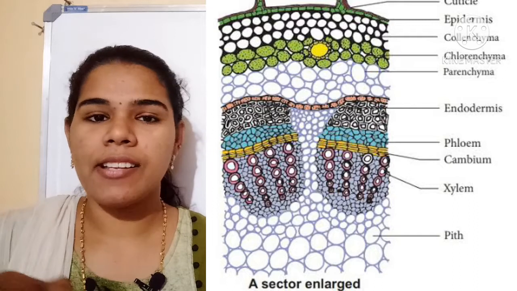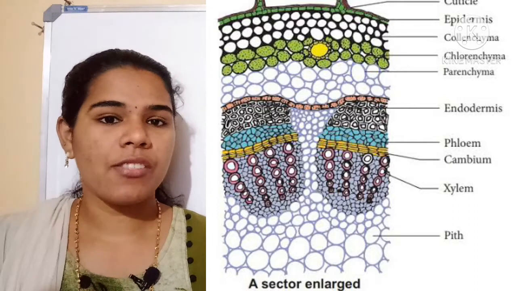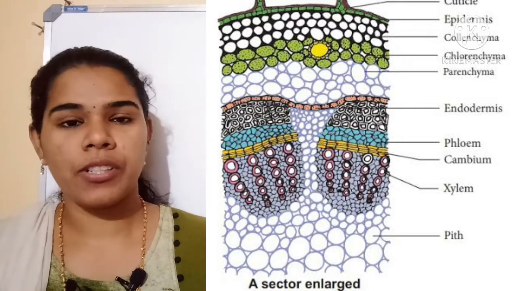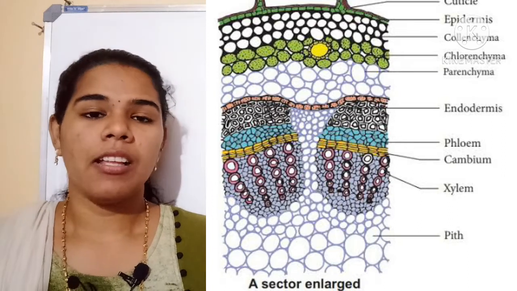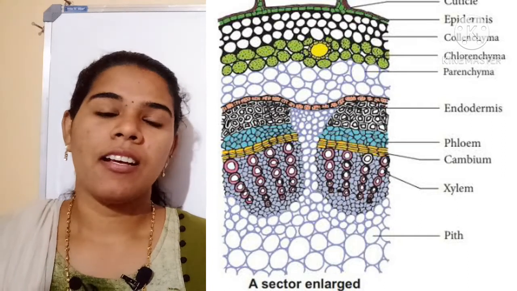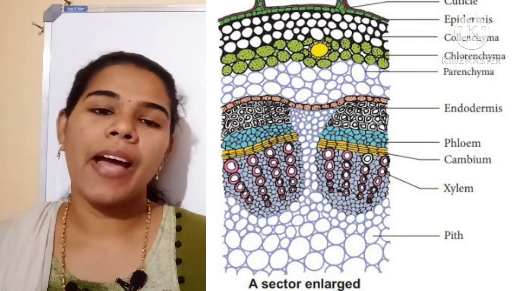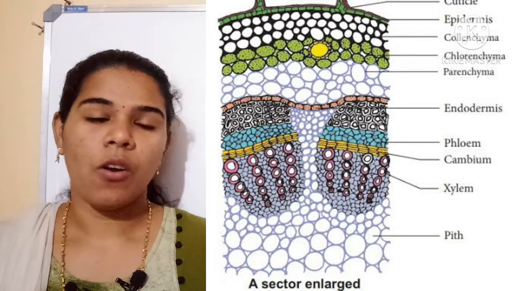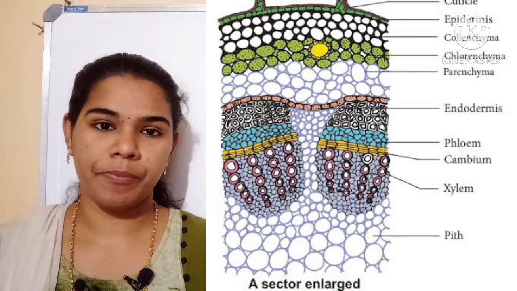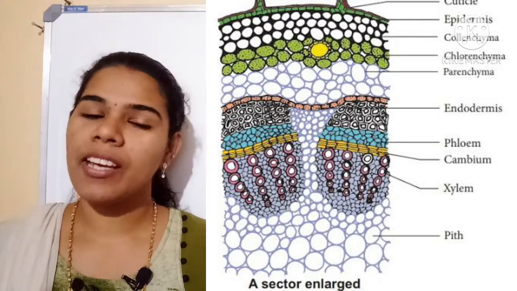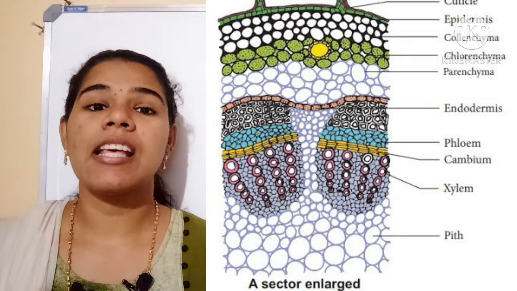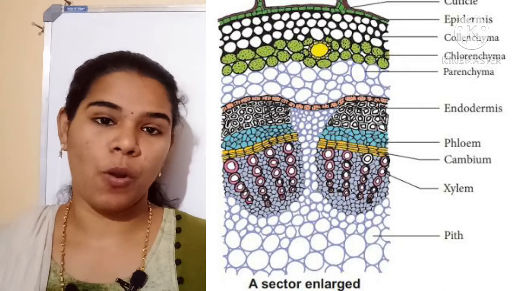Inside, you can see a circle-like, round structure, and this portion is made up of phloem and xylem, or xylem and phloem. Today we learn about xylem and phloem.